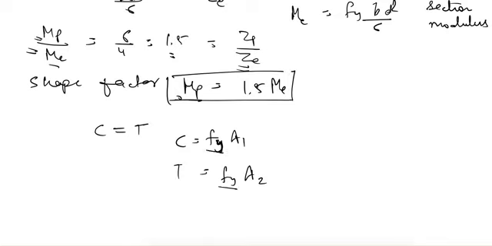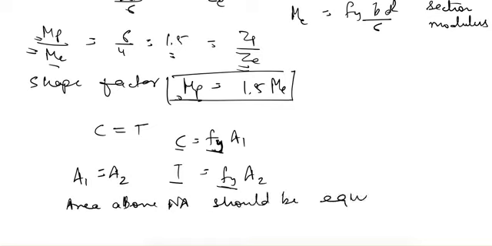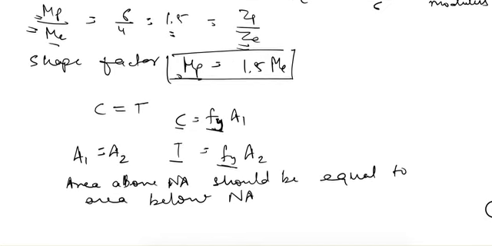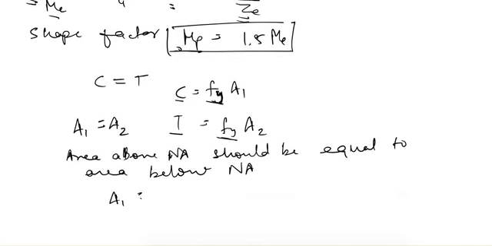Now because Fy is the same on the compression side and on the tension side also, it means to equate the compression and tension force, A1 should be equal to A2, that is the area above the neutral axis should be equal to the area below the neutral axis, that is A1 equal to A2 is equal to A by 2.